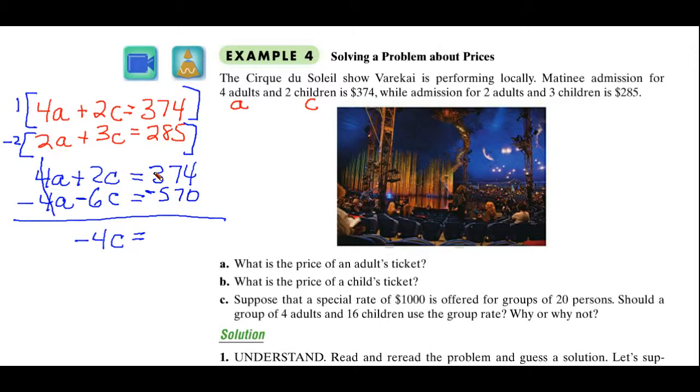Get my nice trusty calculator out, and that becomes a negative 196. Now I'm going to divide, and this is important. It's a negative 4 on this side. So whatever you do to that side, negative 4, we get C equals 49.